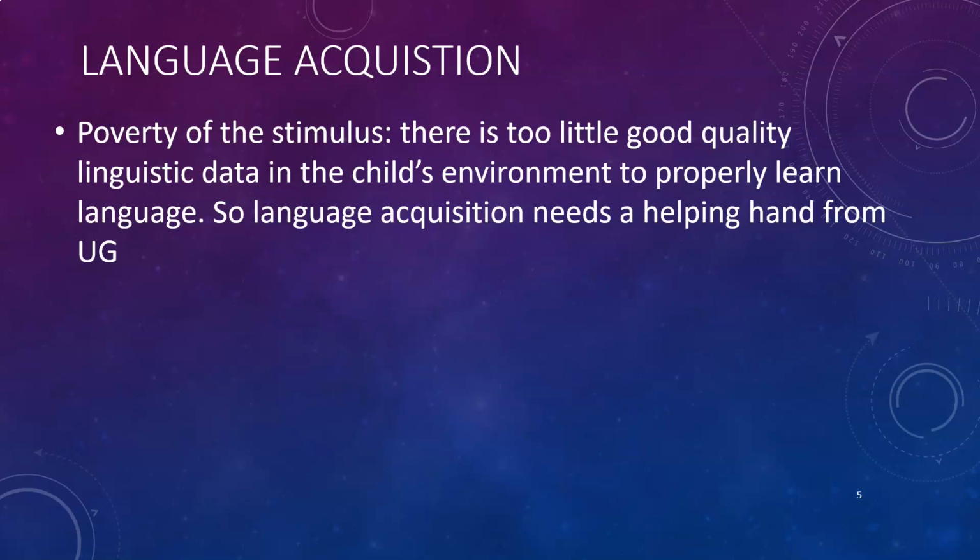Anyone who's been in a home with a small child will know there are a lot of orders, do this, do that, a lot of telling no, but on the other hand, relatively few subjunctives. So Chomsky argued that there was not enough data in the child's world with which to acquire the richness of human language.